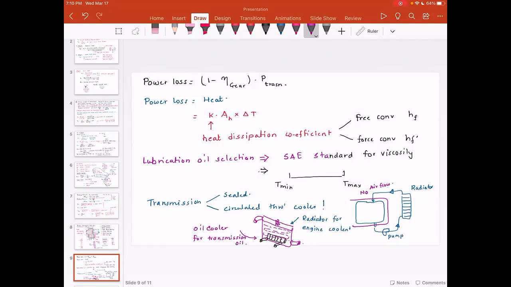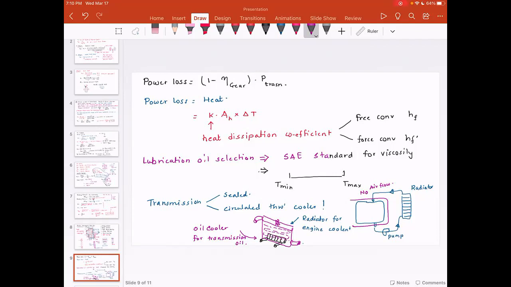And make sure that the lubrication properties are sufficient, and that is the reason why there is an oil change interval. So what happens is, if you think about the oil changes, the oil is continuously circulated inside your engine that has lots of gears and lots of moving parts.